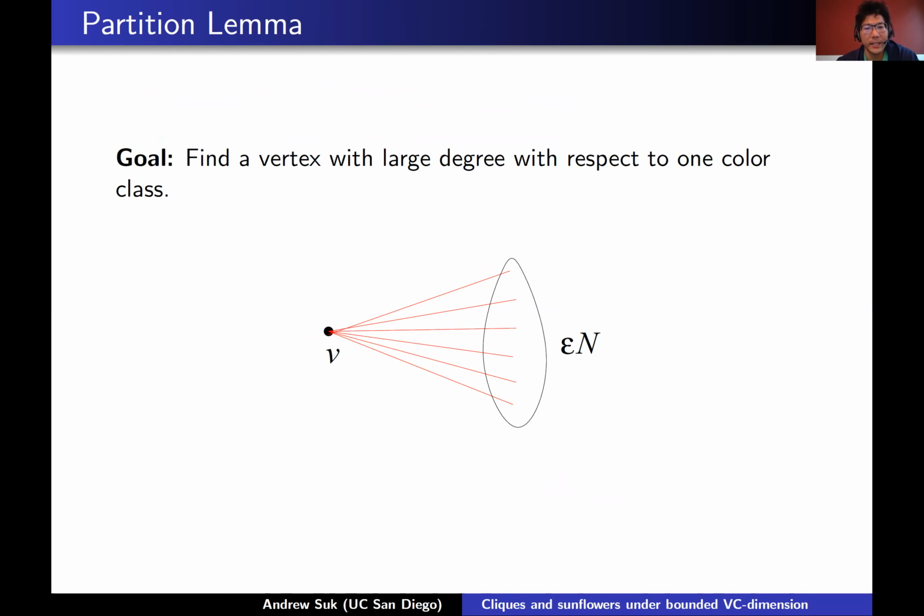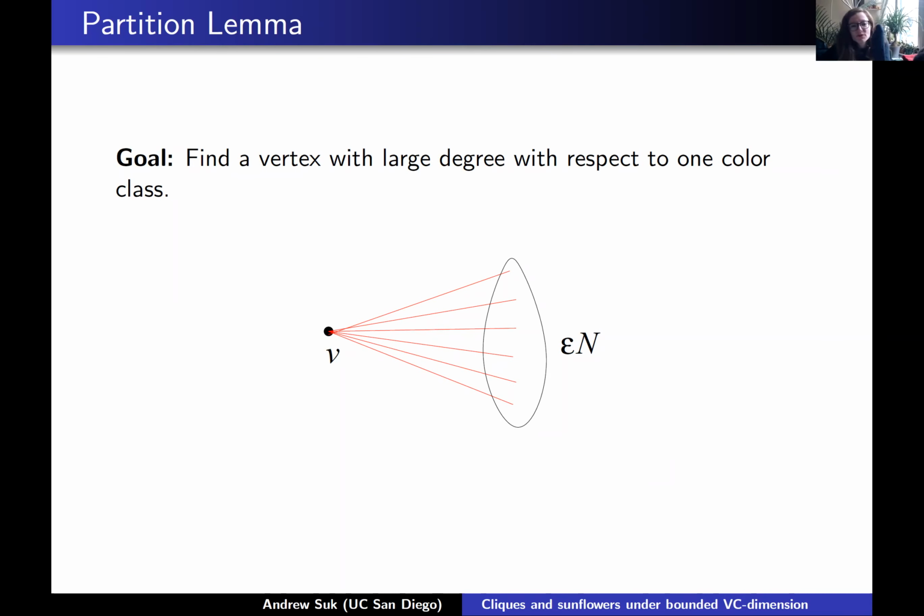If we found a vertex with very large degree with respect to one of the color classes, we would be done by induction. I didn't go over the calculations, but most of the key ideas of the proof were presented. Are there any other questions about that argument?